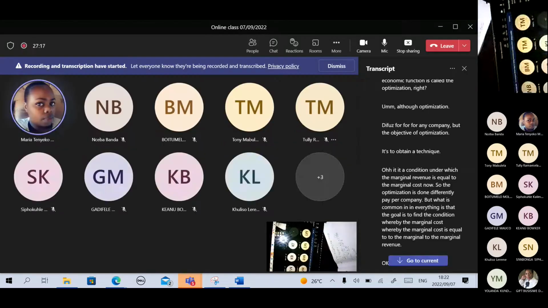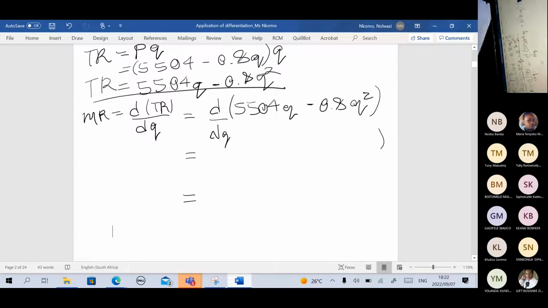Yes, ma'am. Right. If you differentiate 5,504Q with respect to Q, what do we get? We get 5,504, right? Guys, you did differentiation with Prof. And if you differentiate minus 0.8Q squared, what do we get?